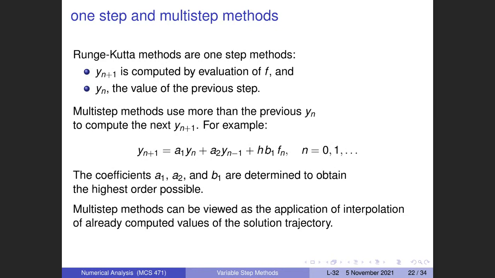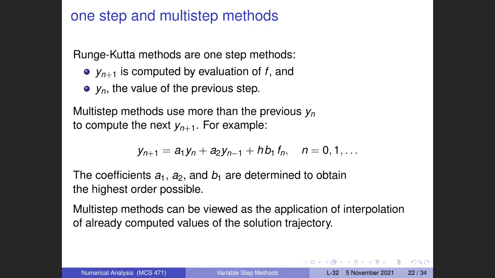One can generalize this and make a weighted combination of the previous 2 approximations for the function. So the y's are the approximations for the solution of the initial value problem. So we have a weighting, A1, A2, and then we add to that a correction term.